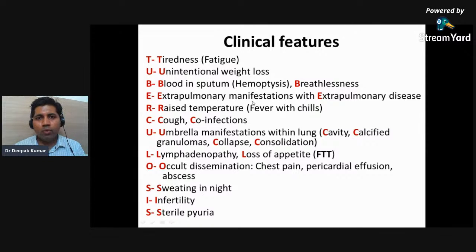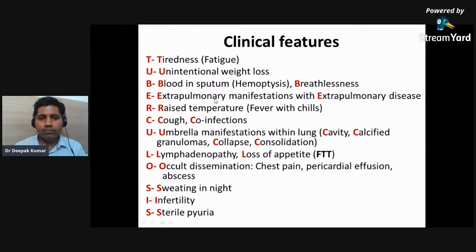There is mostly no organ in your body that is untouched by tuberculosis if it chooses to, when your body is weak. So it will be difficult to cover every aspect of extrapulmonary tuberculosis.